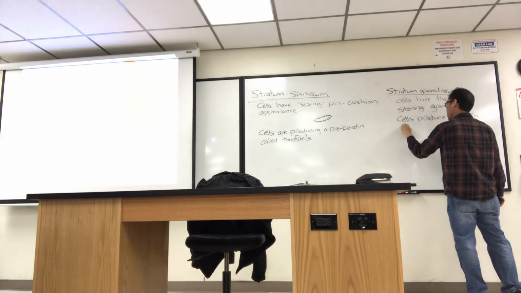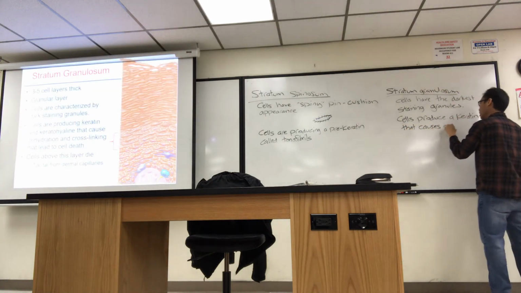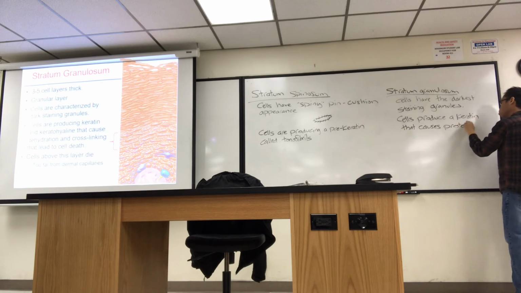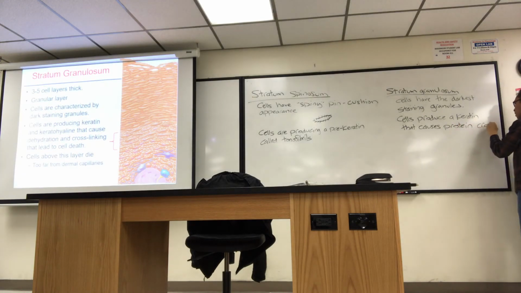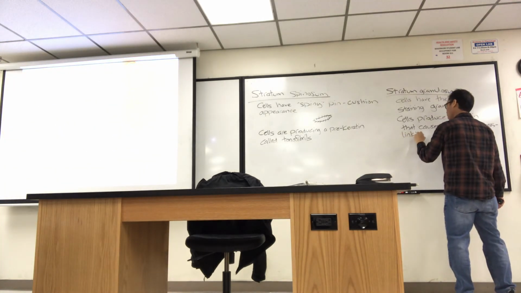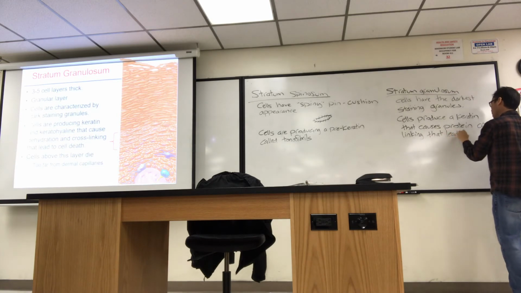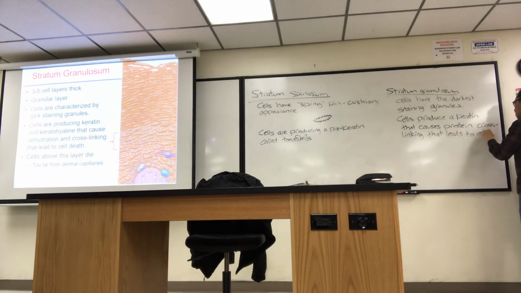Produce a keratin that causes protein cross-linking. That leads to cell death. And you want the cells on top to be dead.